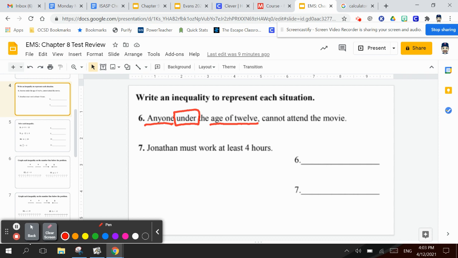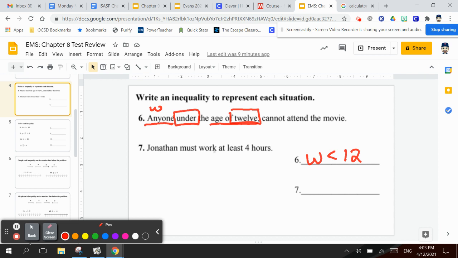So if anyone is under the age of 12, under would be less than 12 cannot attend a movie. It's always going to be a variable and then that number. Here's my number, here's my variable, then the inequality.